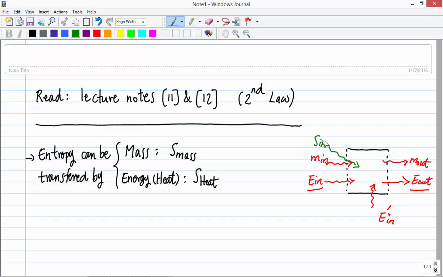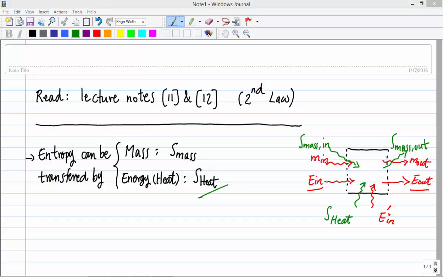Or it can leave the system, S out. Or the entropy, the heat entropy, the entropy which was transferred by heat.